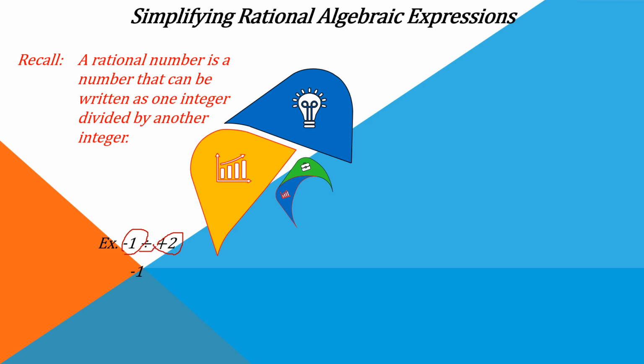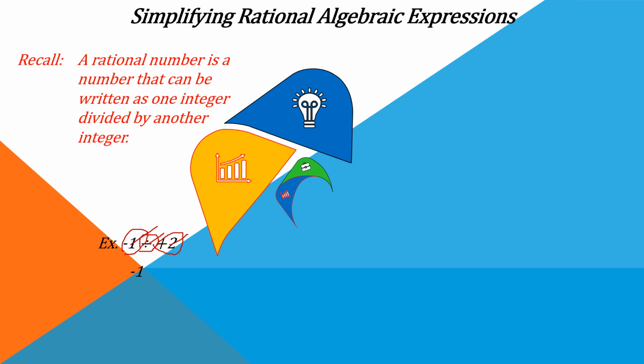And this is division. As we have discussed, a rational number is a number that can be written as one integer divided by another integer. So this is one integer divided by another integer. So this is a rational expression.